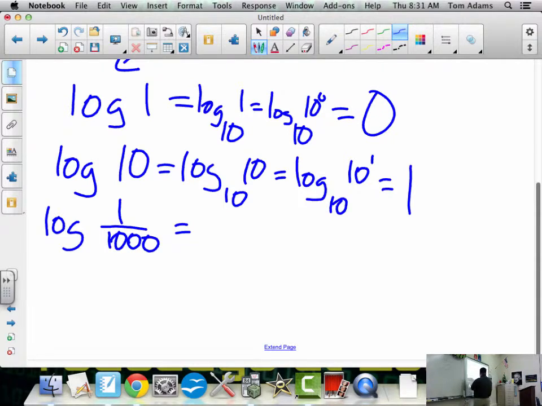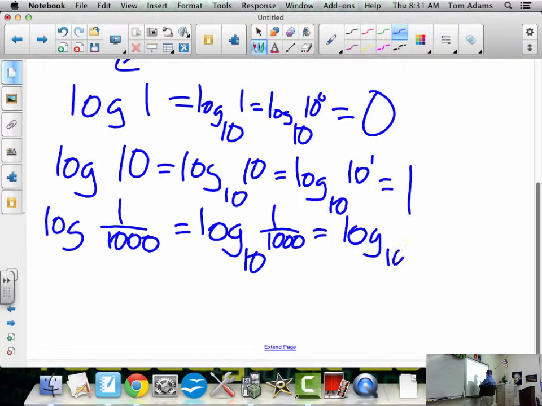I should be thinking log base 10 of 1 over 1,000. I should be thinking log base 10 of 10 to the negative 3. So it should be negative 3, right? Does that make sense?